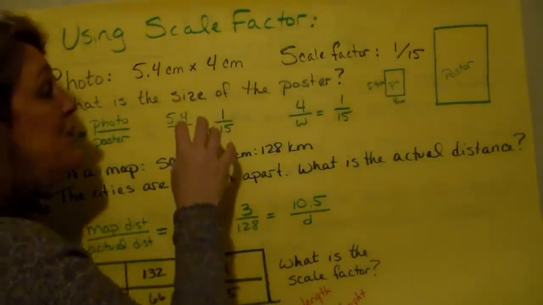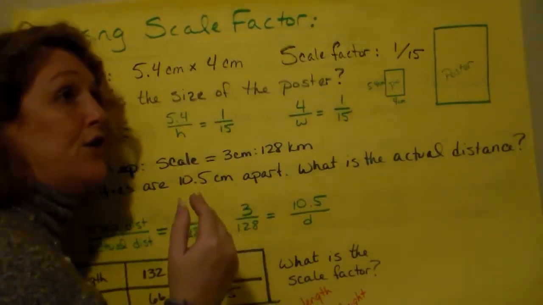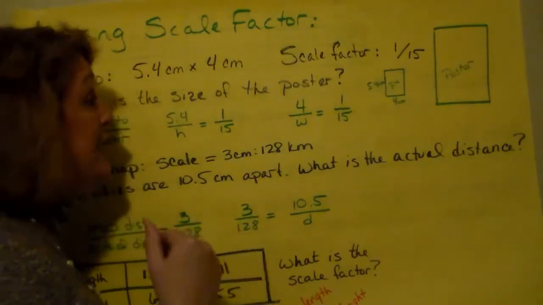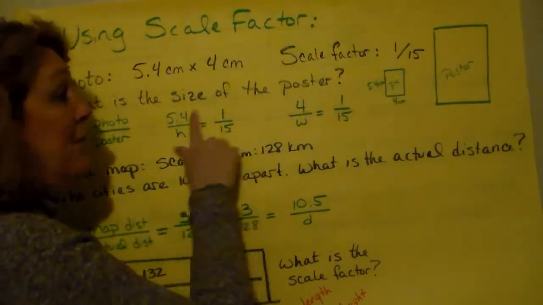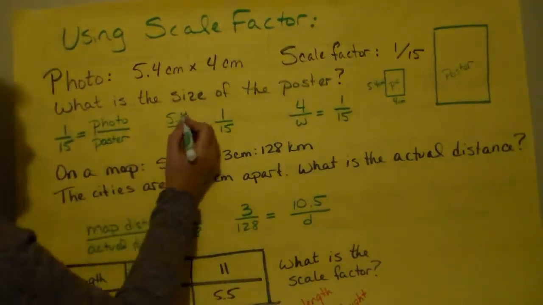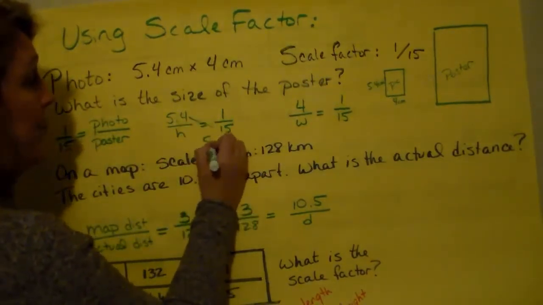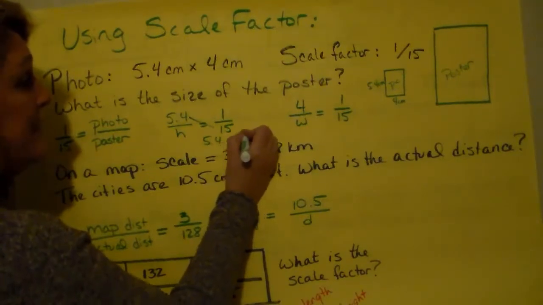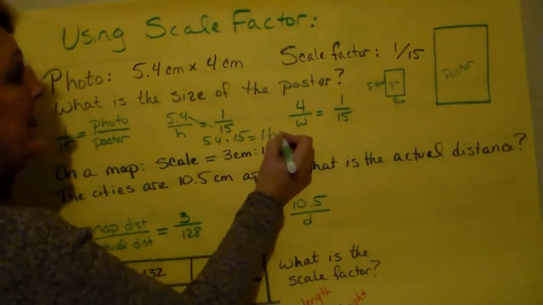And by setting it up this way, you know if you are going to multiply it or you're going to divide it. You have to set it up like this. So here I know that 5.4 times 15 equals 1h.